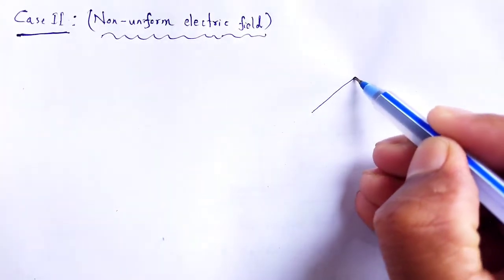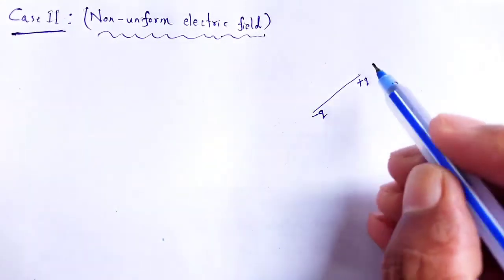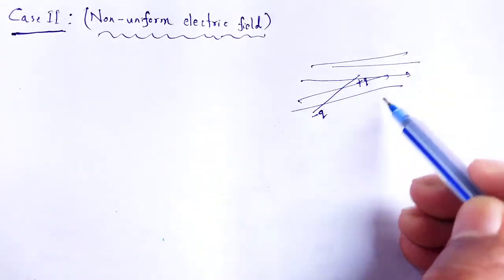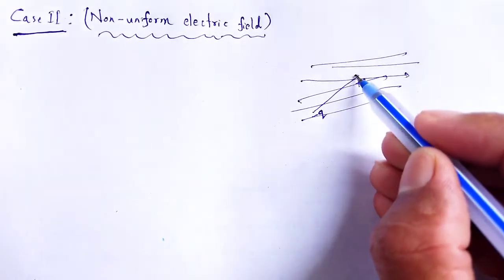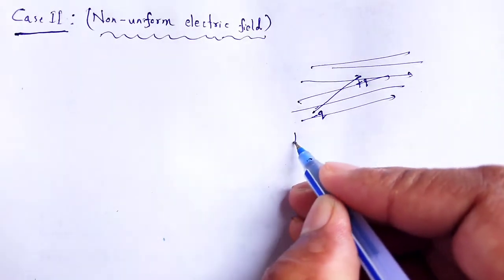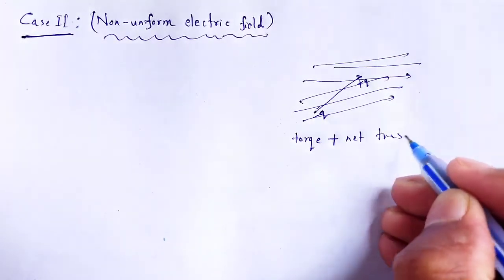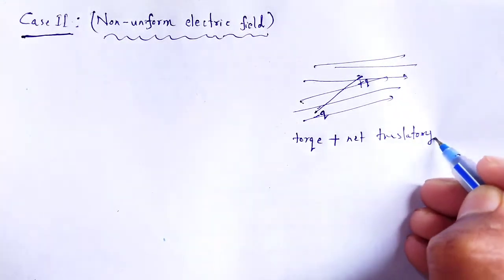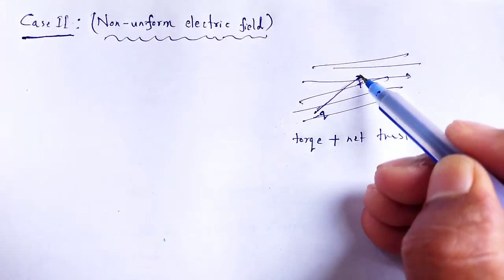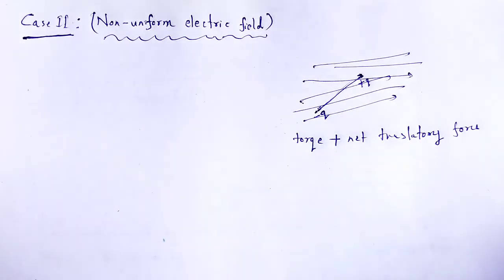When the dipole, let's say minus q and plus q, is placed in a non-uniform electric field, then what happens here? It experiences torque plus a net translatory force, because the forces acting on the two ends will not be equal and opposite.